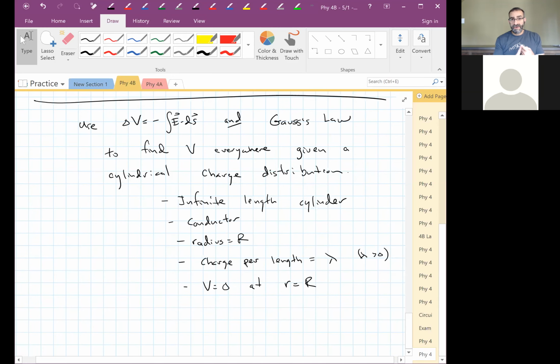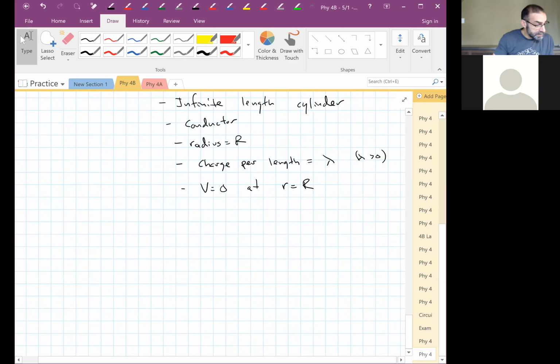We could integrate over the charge distribution, or if we know we have one of these symmetries and we can find the electric field really easily using Gauss's law, then we can use the integral of E dot ds to get delta V. So that's what we'll do here. So first, we need to find E everywhere.